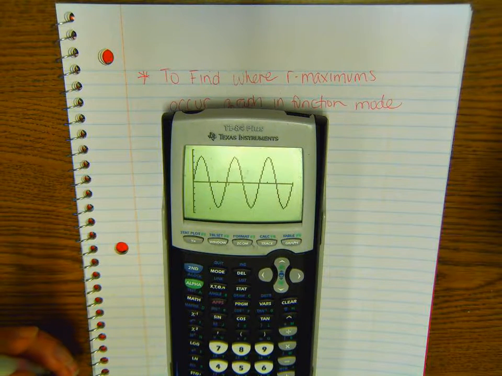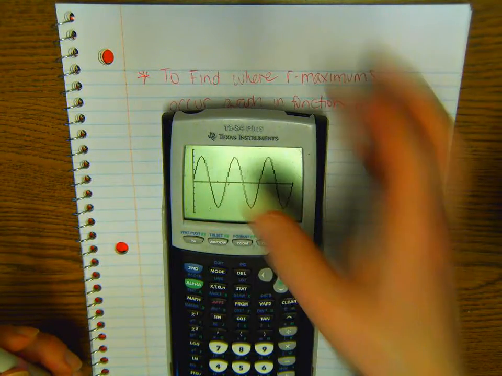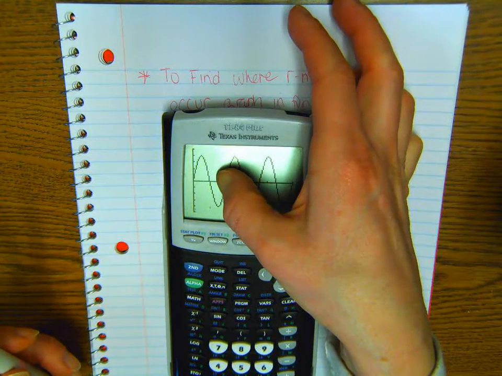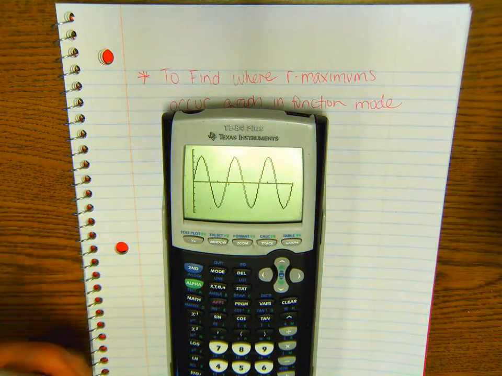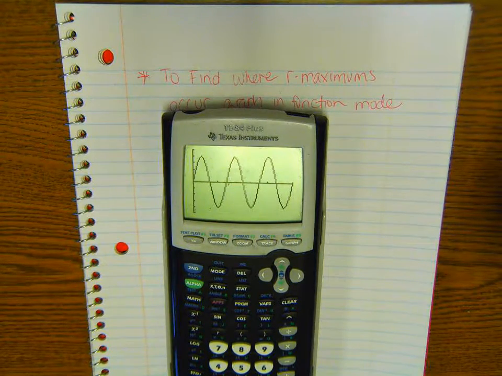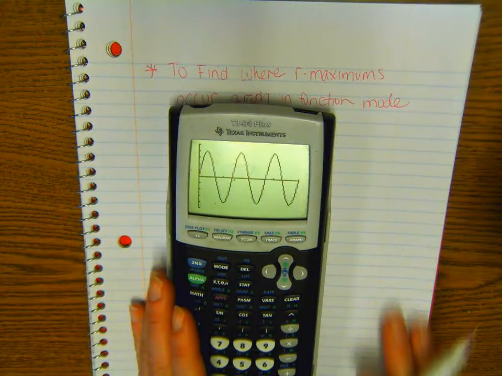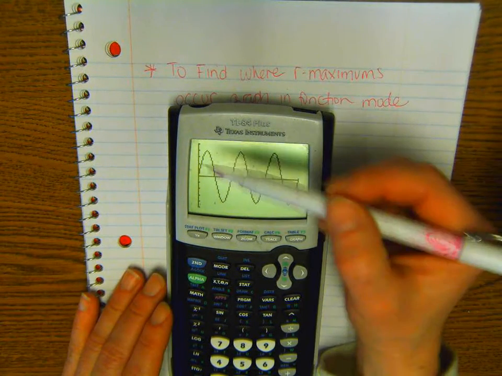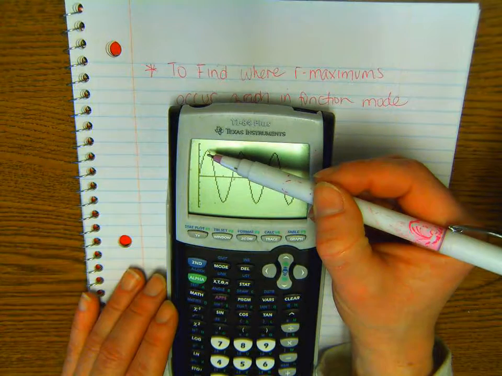Okay, and so then when I'm looking at this, it looks to me, so this is pi halves, right? So what does it look like to you, where they occur? Well, isn't this the maximum away?